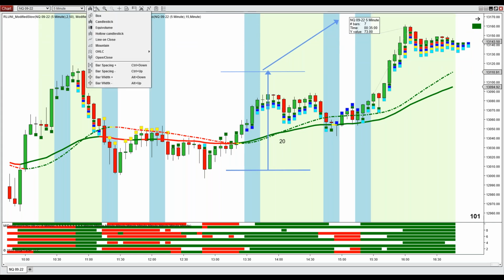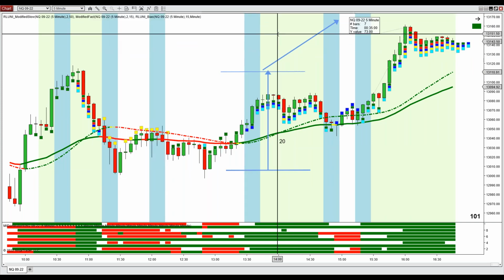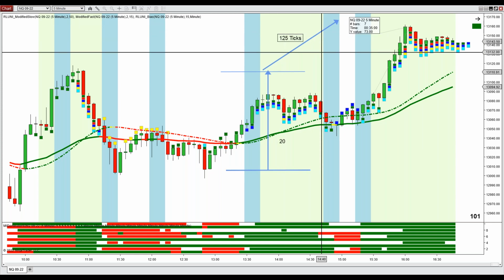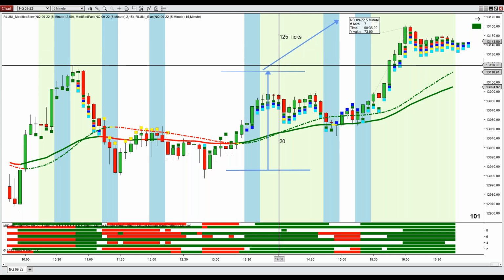Now we're going to look on the runner for 125 ticks. If we hit it, we make about $650. Add the 100 on the first, that's $750. And let me tell you, the key is the anchor.